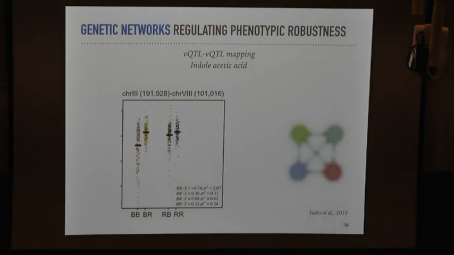Now this is chromosome 3 interacting with chromosome 8. So we know that the BY allele of the chromosome 3 variance QTL interacts specifically with the BY allele of chromosome 8 to bring about a change in variance, whereas the rest of the combinations don't.